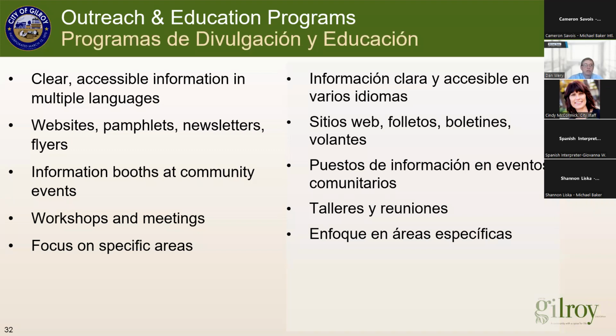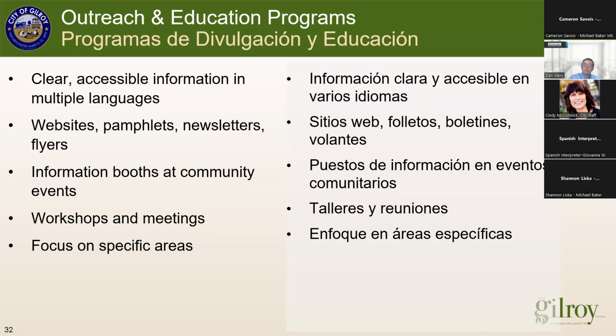And then outreach and education programs. I think I've said this before, but a key component of that is making sure that we've got clear, accessible information in multiple languages. It's on the websites, pamphlets, newsletters. It's readily available in all sorts of varieties. We can work with special events at community booths, make sure we get the word out. Workshops like tonight are a good way to communicate.